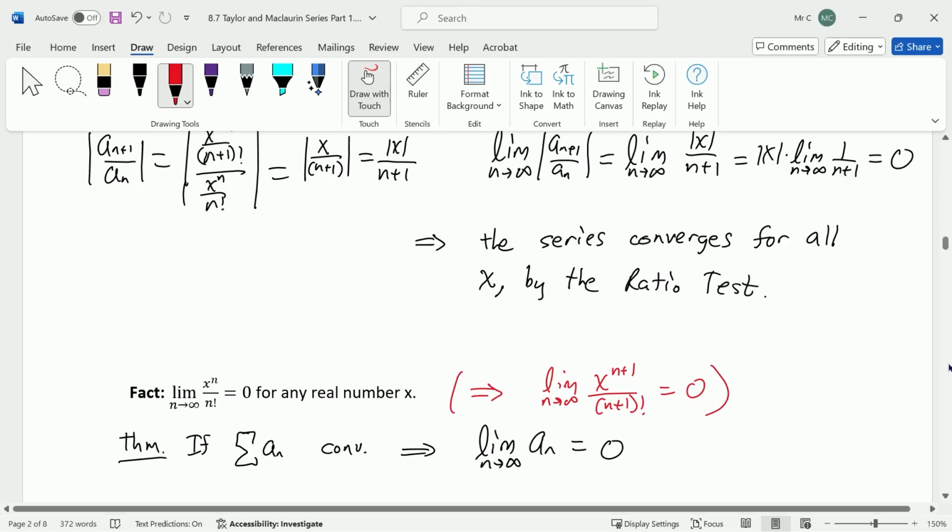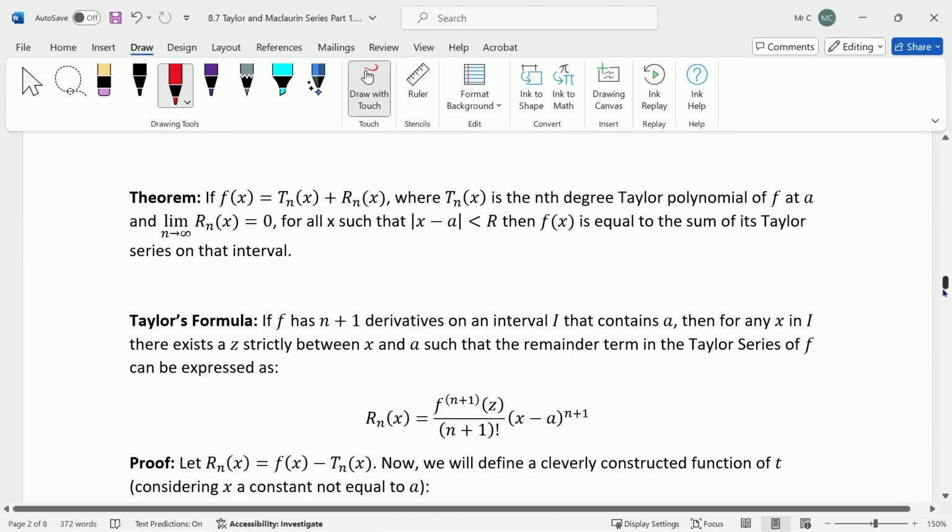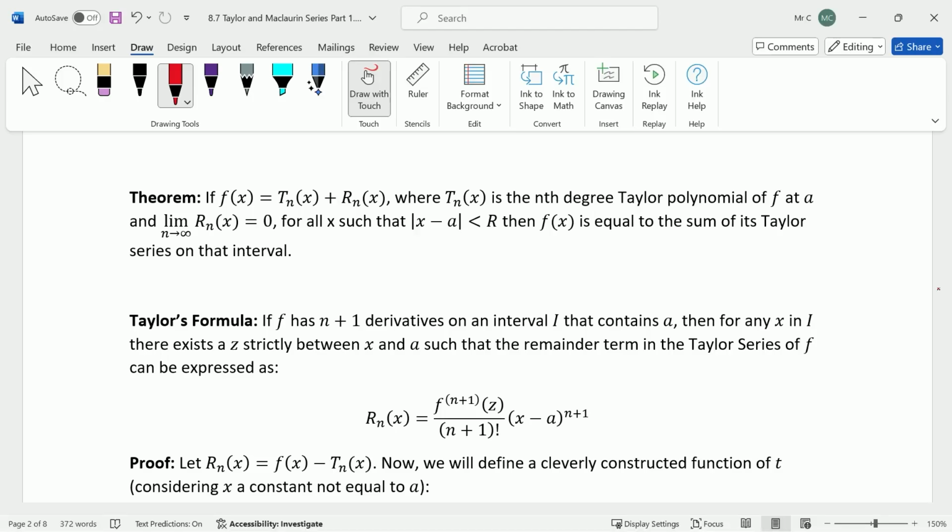All right, moving on. Okay, so now we get to the most challenging part of this topic, in my view, but it is really, really crucial in terms of understanding why we can use these tools.